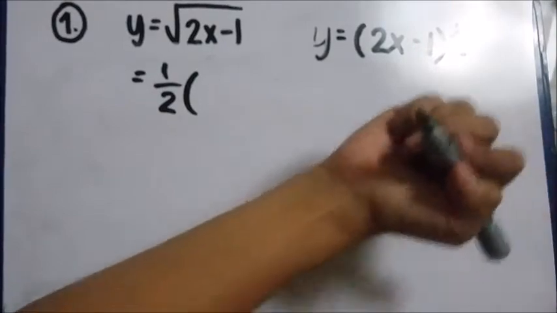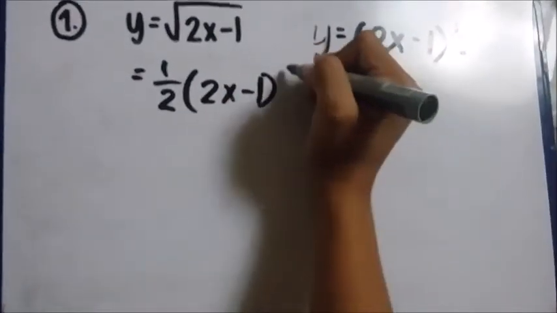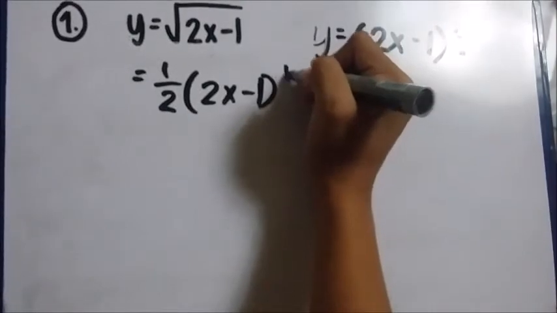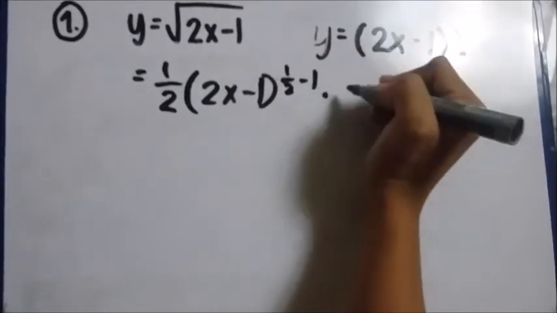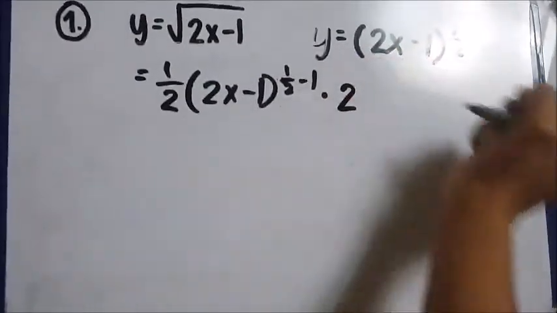We're just going to apply the rules and get 1/2 times (2x minus 1) raised to 1/2 minus 1, times the derivative of 2x minus 1, which is 2.